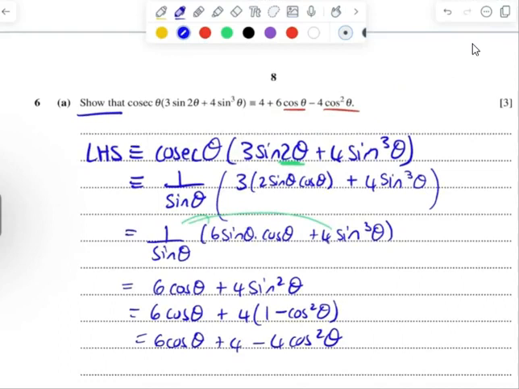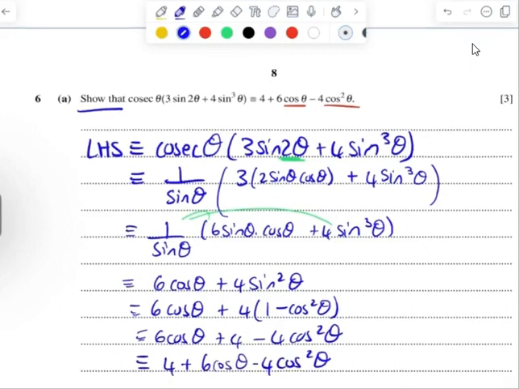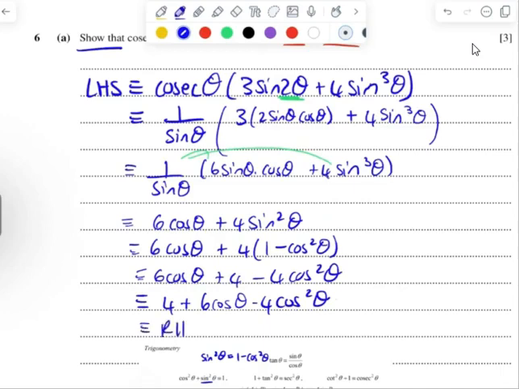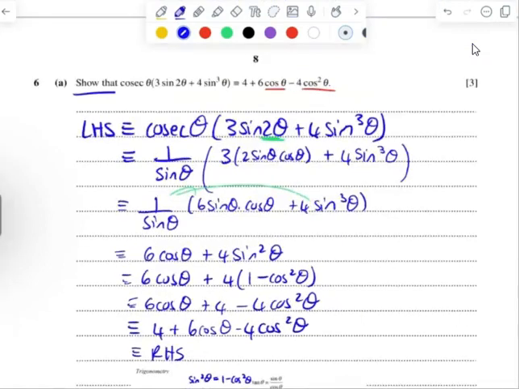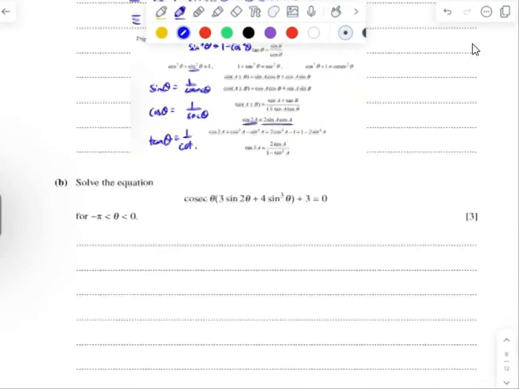It does. It is exactly that, actually. I'm just going to rewrite it in the order that they're looking for. And I'm going to say that is identical to my right-hand side. There we go. So sometimes you just have to start even if you're not 100% sure where it's leading to.